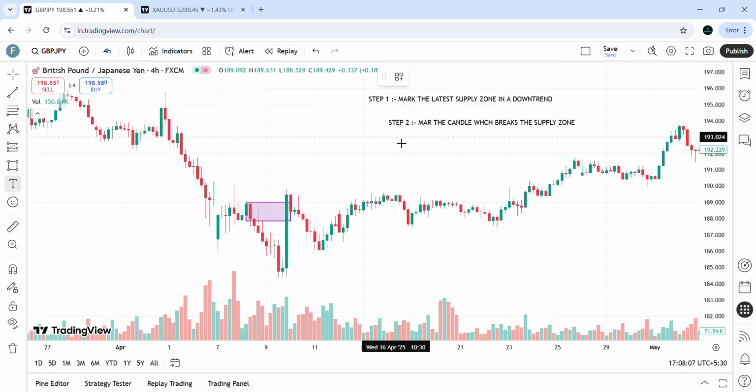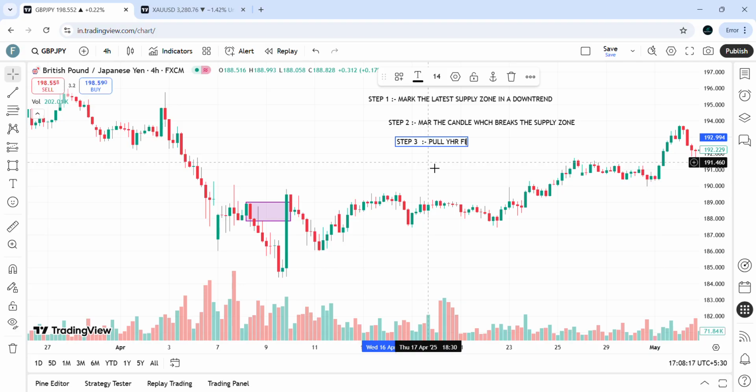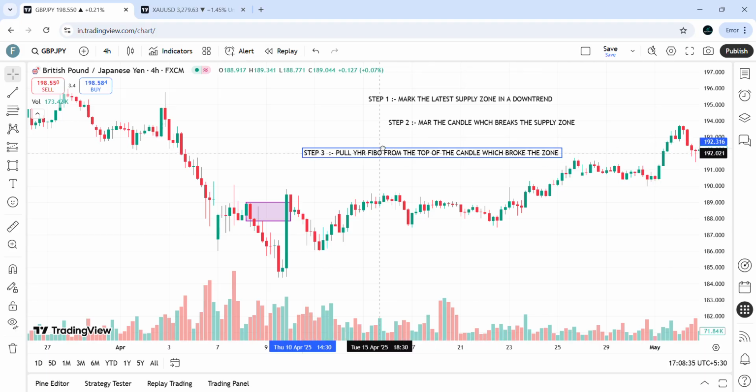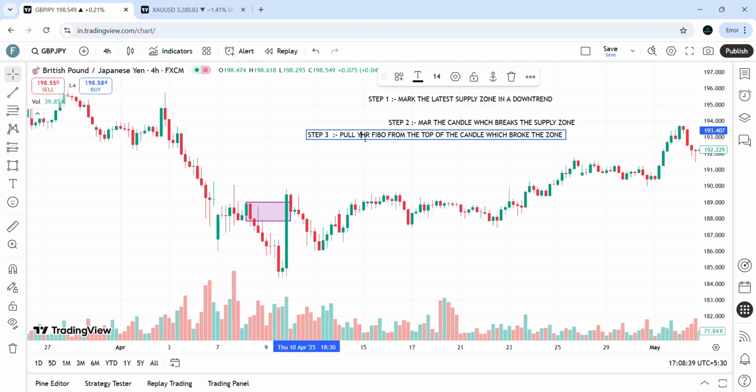Step 3 would be to pull the Fibonacci tool from the top of the candle which broke the zone to the bottom swing.